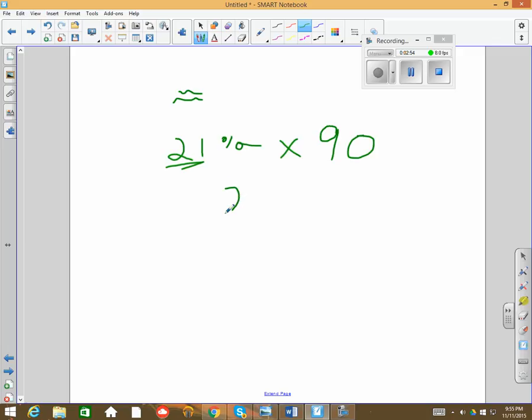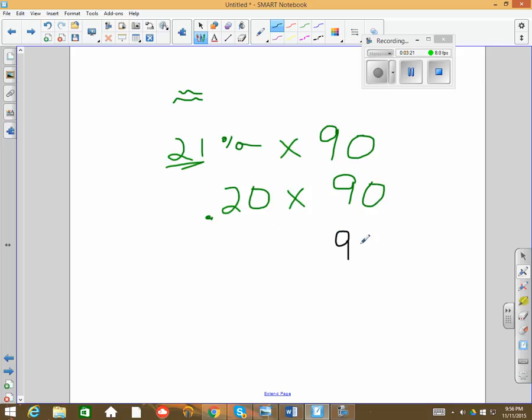We know it's 20%. So we change the percent to a decimal, 0.20 times 90. If you multiply 0.20 times 90, you're going to get your answer approximately. You don't have to put 0.20. It could be 2/10, which is the same as 20 over 100.